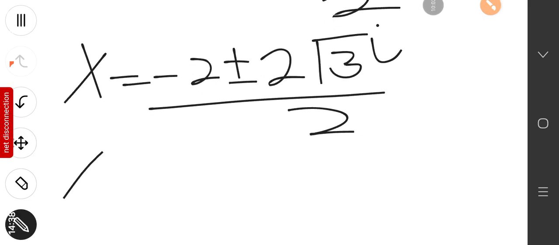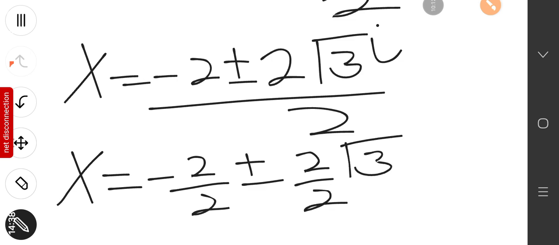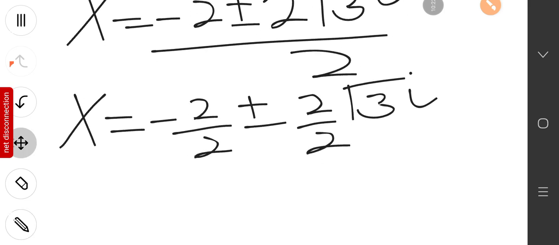So x equals minus 2 over 2 plus or minus 2 over 2 multiplying the square root of 3 and i. Now you have 2 over 2. Here we're going to introduce a law known as the multiplicative identity.